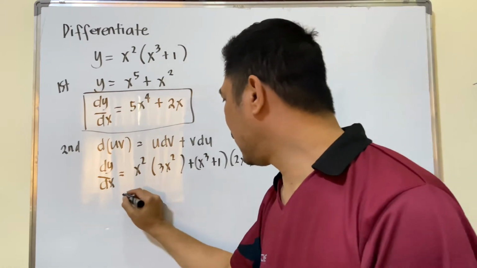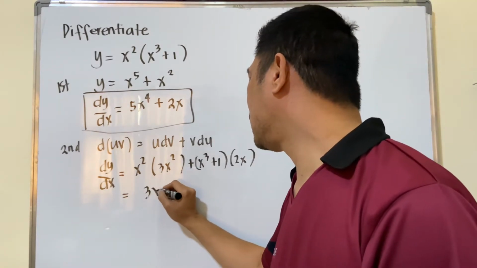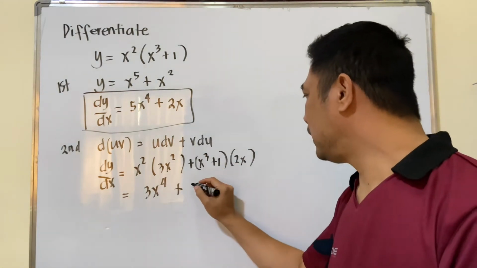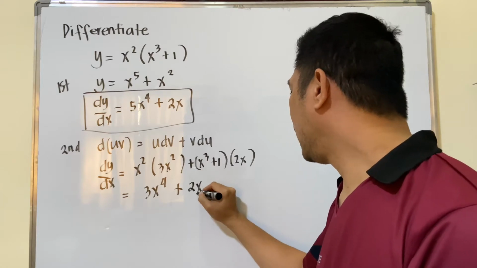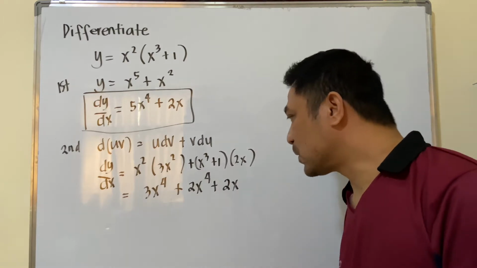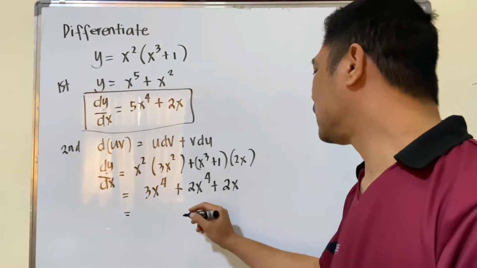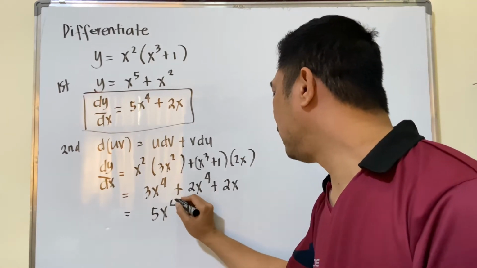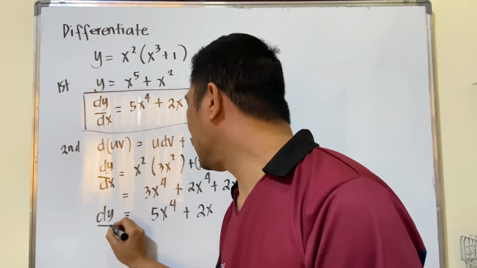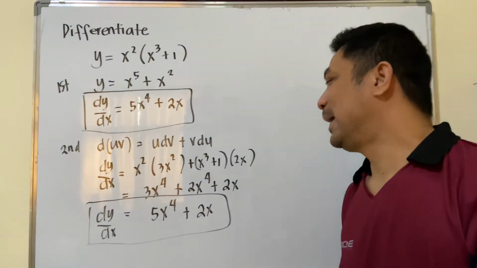Simplifying further, x squared times 3x squared is 3x to the 4th, plus 2x times x cubed is 2x to the 4th, plus 1 times 2x is 2x. Combining similar terms, 3x to the 4th plus 2x to the 4th is 5x to the 4th plus 2x. So we arrive with the same answer as our first solution, 5x to the 4th plus 2x.